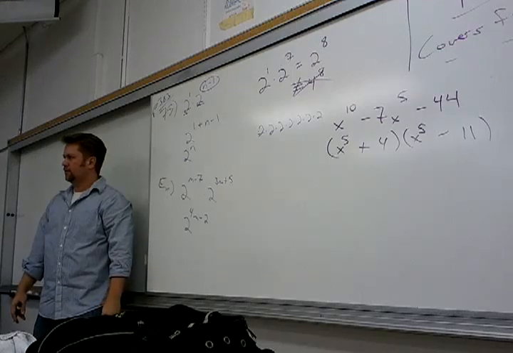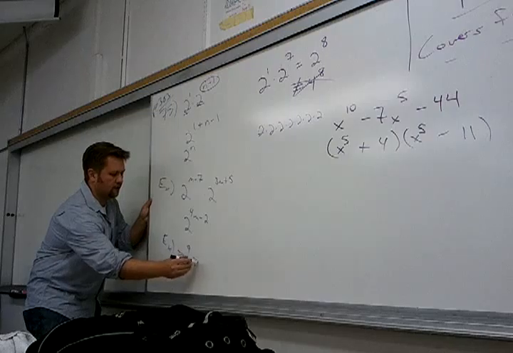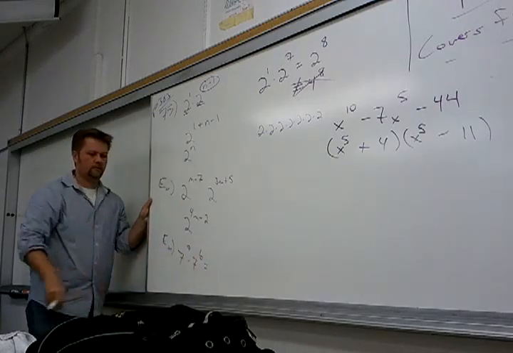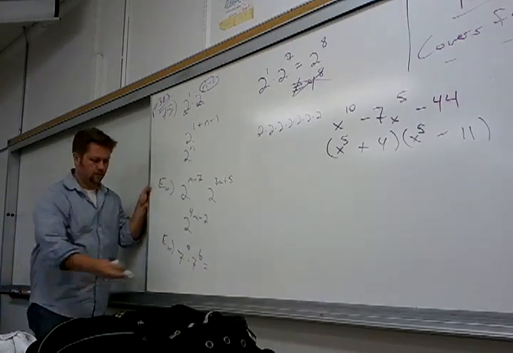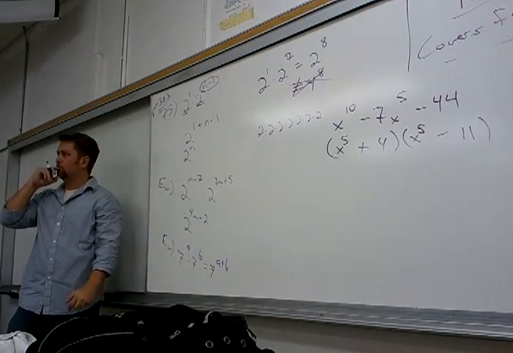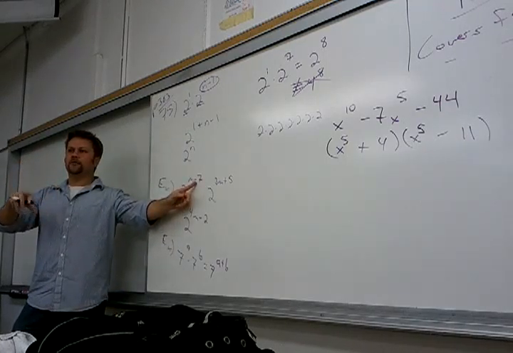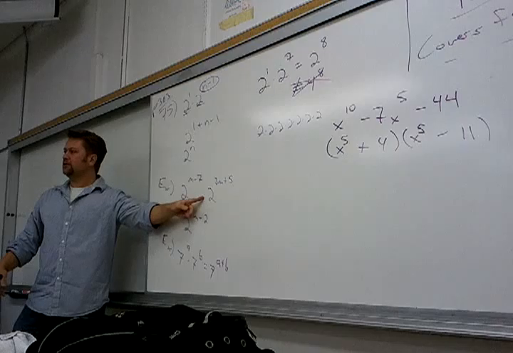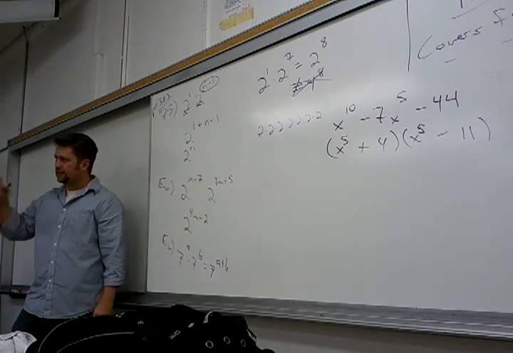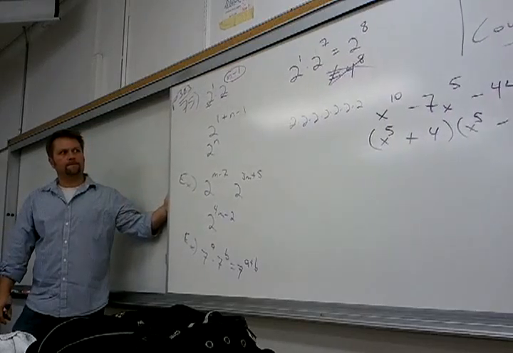So what's 7 to the a times 7 to the b? 7 to the a plus b, because the property says add. Cool. So don't let the things that are in the problem tell you what to do. You look at the operations. What are the properties? That's what tells you what to do, right? Okay.